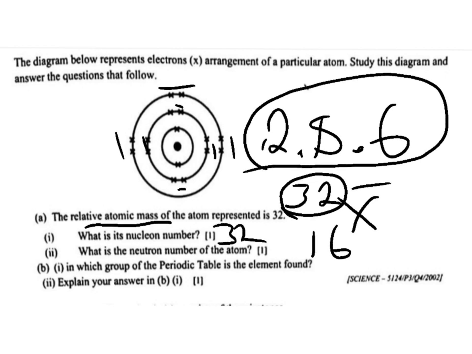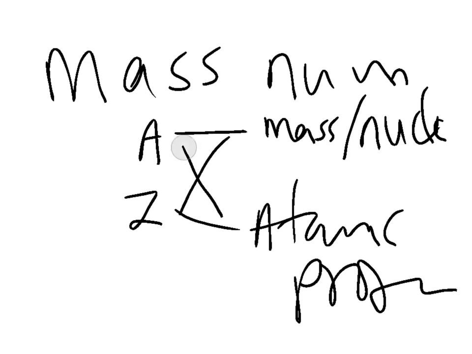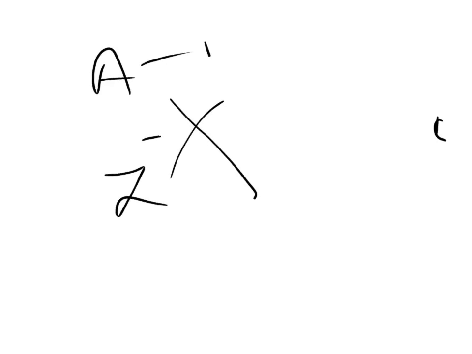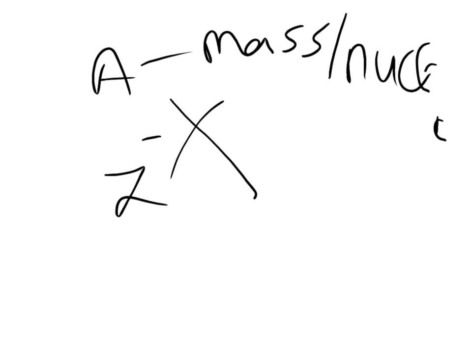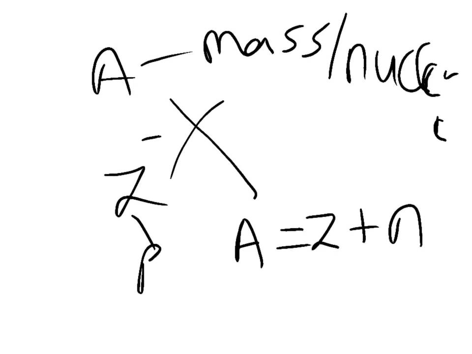What is the neutron number? So you see the difference? There's nucleon and neutron. So an element is like this, the number on top and the number down. This one is called the mass number or nucleon number. This is the proton number. So to get the neutron number, you say mass number is equal to proton number plus neutron number.